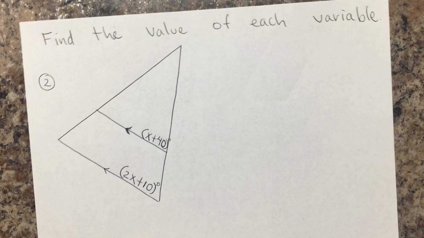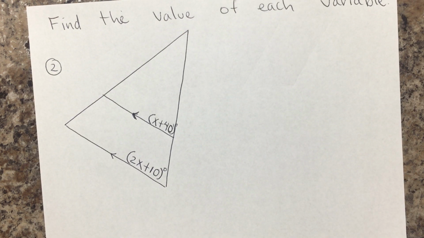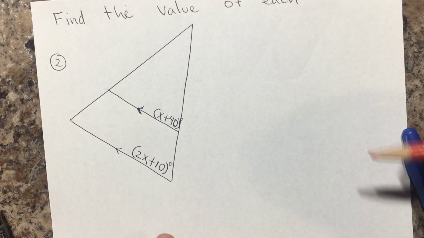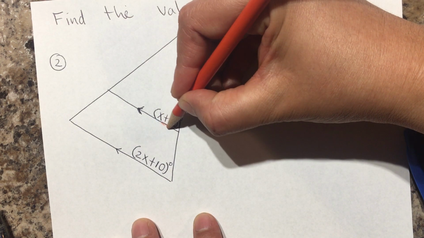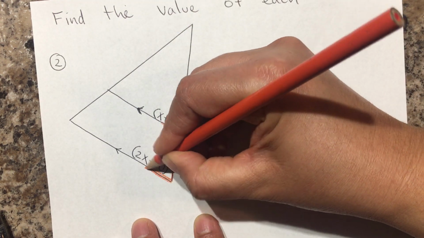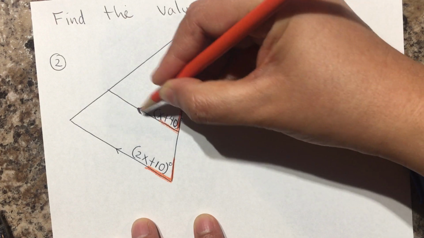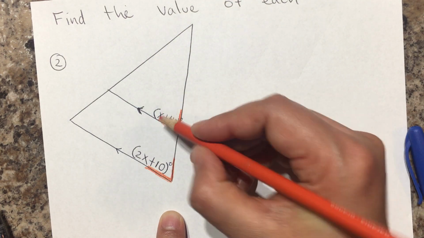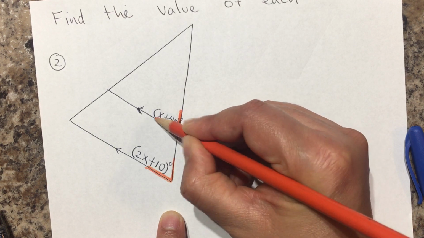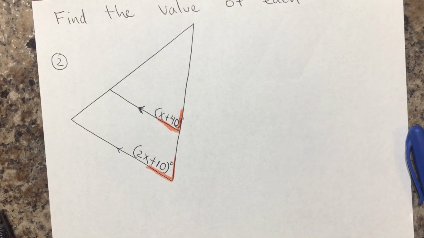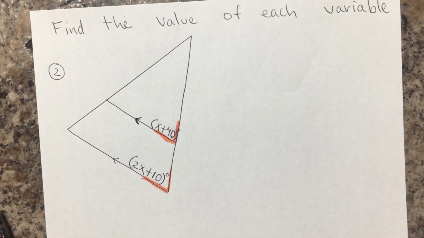For this one, it says find the value of each variable. The first thing that I recommend is to identify that this angle is being formed with this angle, and these are the two parallel lines. So what kind of angles are they? Oh, the double L, double R. Corresponding angles.